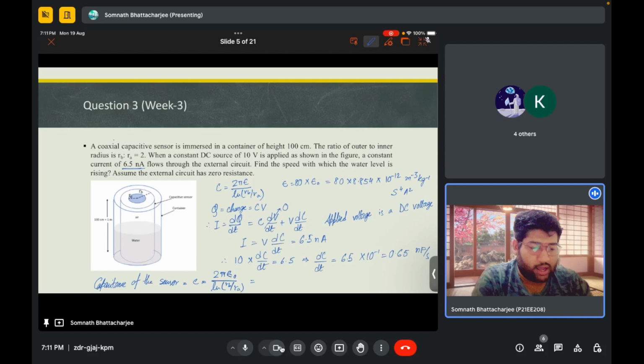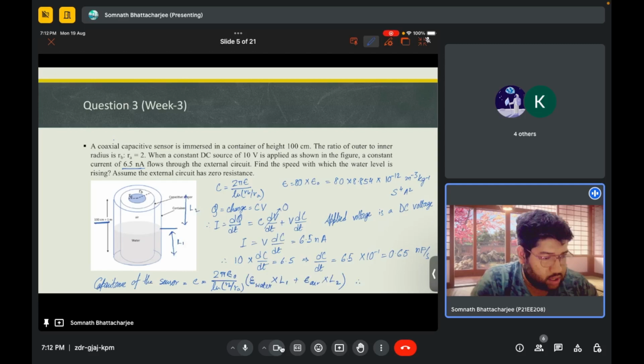By calculating this, we have got dC/dt of 0.65 into 10 to the power minus 9.